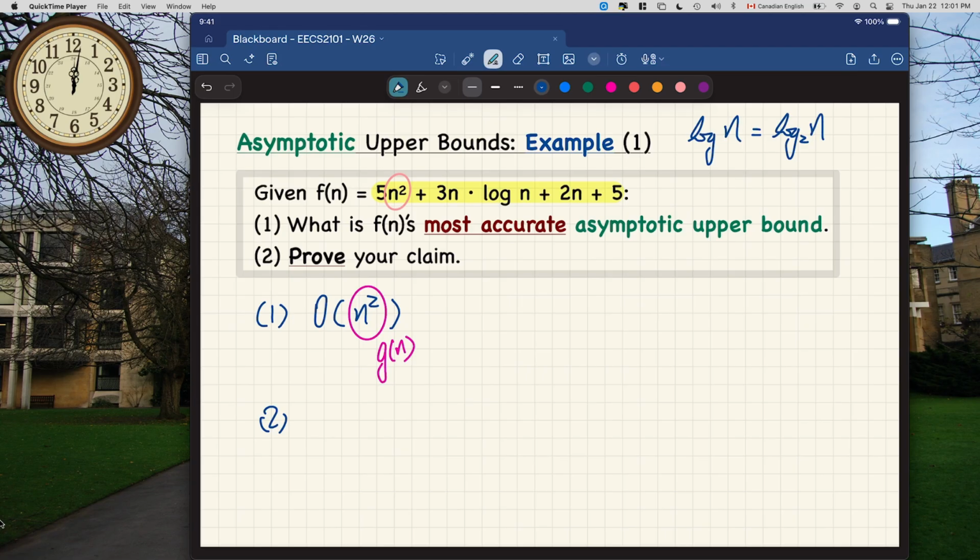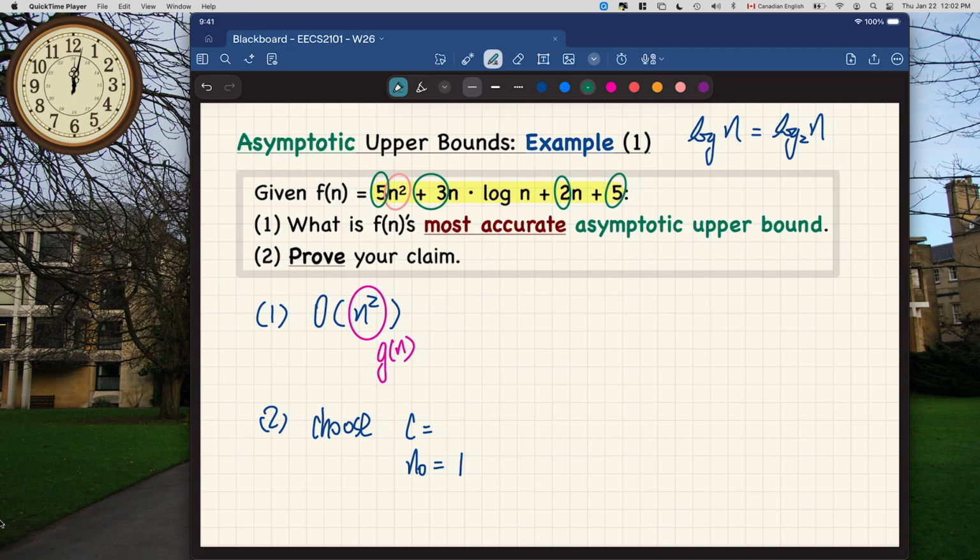So what we do is we want to choose the C and choose the n0. If we follow the strategy, n0 should be 1, but subject to verification. How about the C here? Let's identify the multiplicative constants. So we got 5, we got plus 3, right? And notice that plus 3 is applied to n log n, right? And also we got 2. And then we got 5.